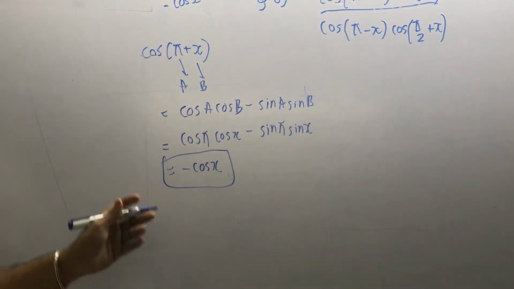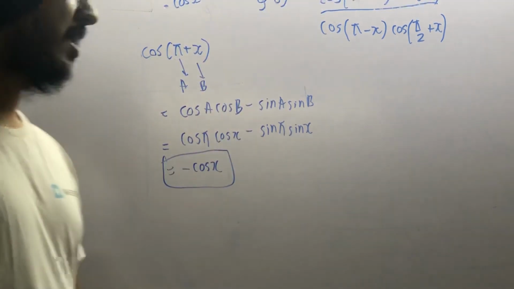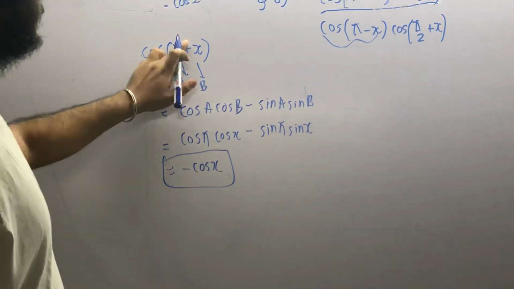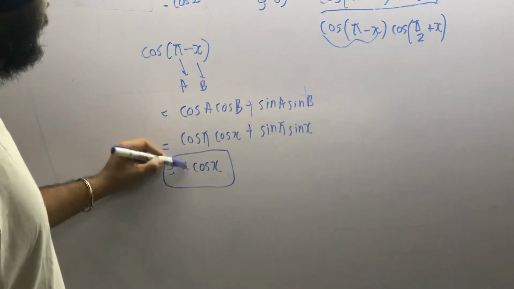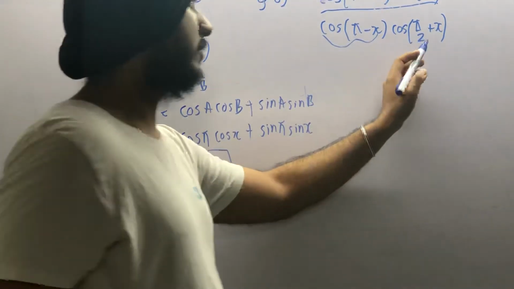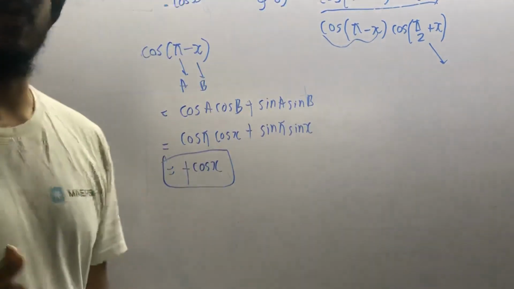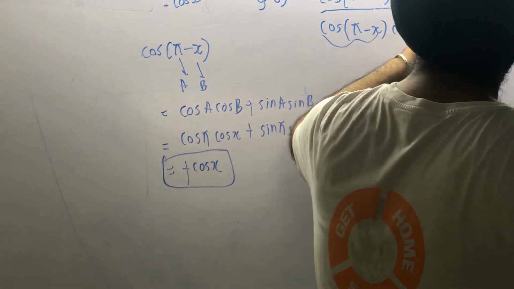You can use this or the other shortcut method also. The choice is yours. I am just showing you the options that you have to solve the value of cos pi plus x. Similarly, you can find the value of cos pi minus x. Just instead of this, it will be minus, this will be plus, this will be plus. So the value is plus cos x. And cos pi by 2 plus x is cos 90 plus x, which is minus sin x.